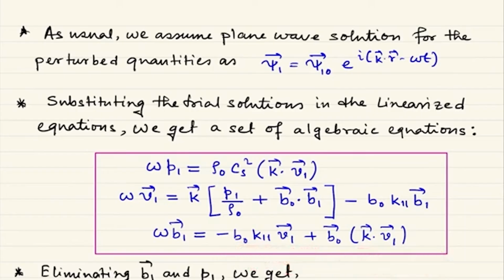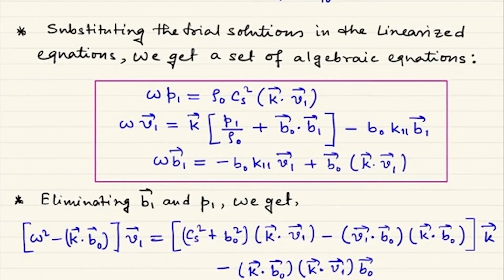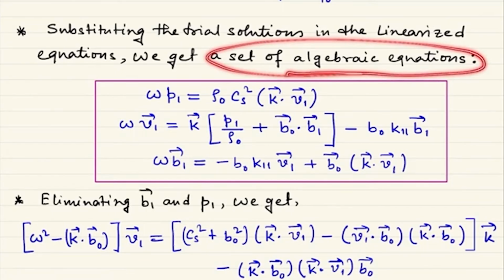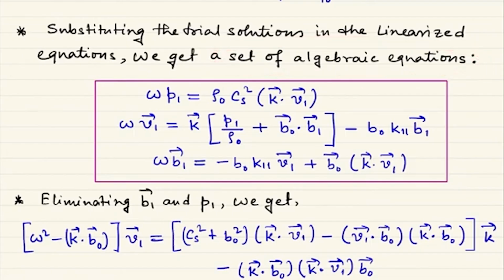So you can already see that this gives us the complete set of equations which are no longer differential equations, but a set of algebraic equations. Now we have three algebraic equations and three unknowns. Which are those three unknowns?